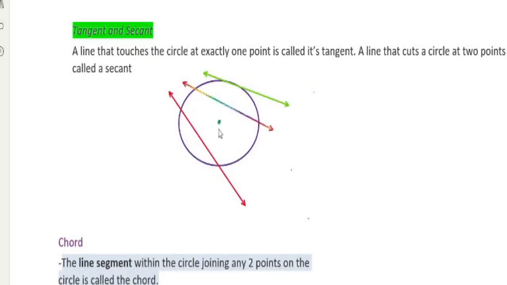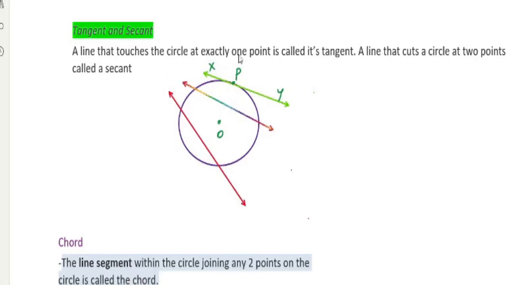So in this figure we can take the center as O. And here the first line you can see touches the circle at 1 point. Suppose this point is P, and this line you can write as XY. So this line XY touches the circle at 1 point.